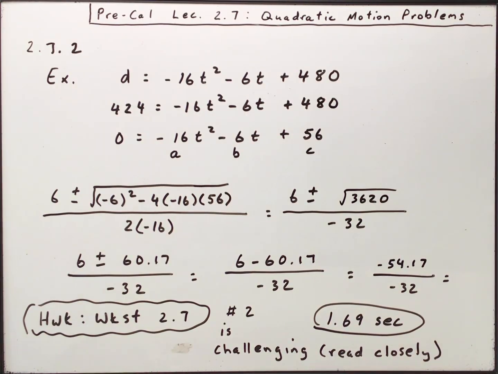I've had students go part of the way and get the time, but they don't end up getting the final answer because it is asking for the average speed. So number 2 is difficult because it's asking for the average speed. So you have to do a little work at the end for number 2. So see if you can get that right.